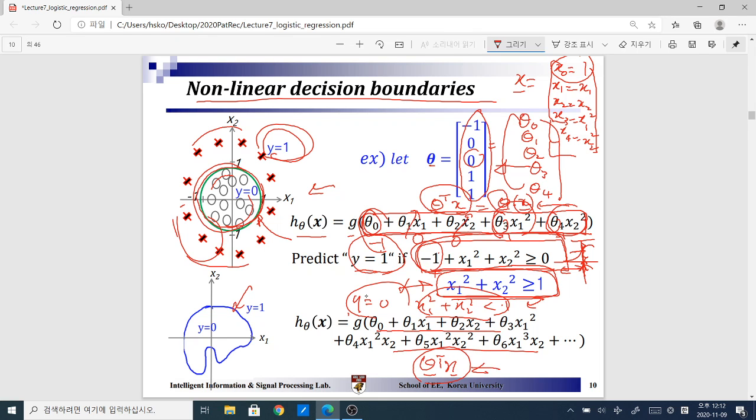So if we can come up with this representation, and once again by using the logistic function, then we can design a decision boundary that looks pretty complex like this. So that means that, once again, as you can see, this is still a linear regression function.